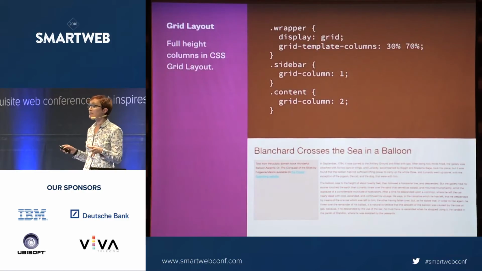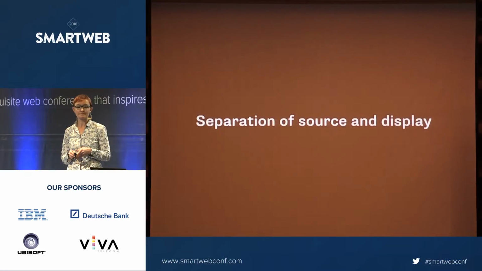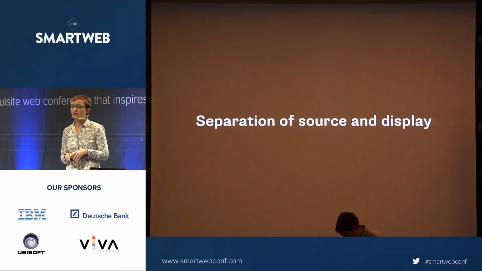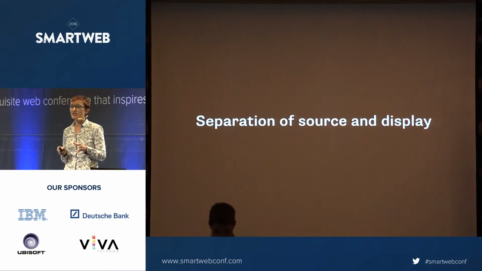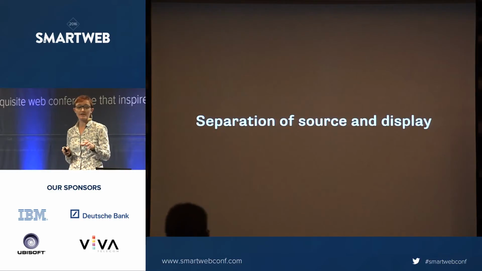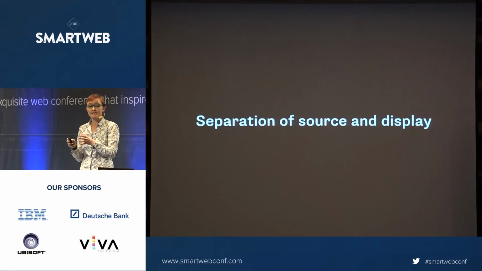And in all of the examples I've got in these slides, this idea of things having a relationship to each other is really important. It's kind of how they work. For as long as I've been developing websites, and certainly since CSS Layout became a thing, we've talked about this separation of the source and the visual display.